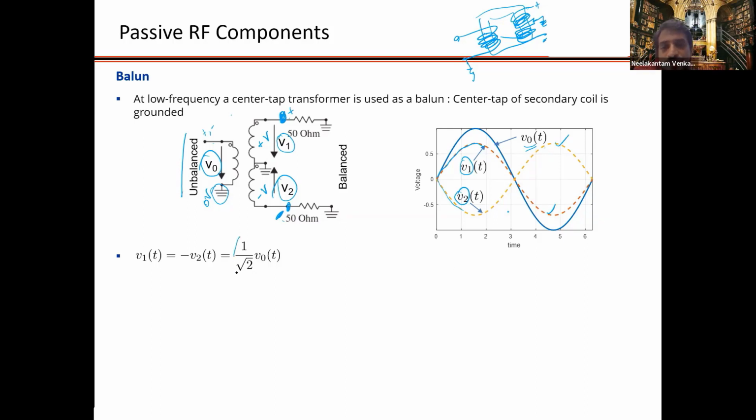Notice that it is 1 over root 2 that of the input. Why 1 over root 2? Because when you square it, it becomes half V0 squared. This half is for this port and the other half for the other port. So the power gets split into 2. So that's why the voltage is 1 over root 2.